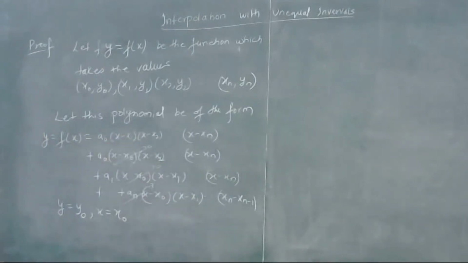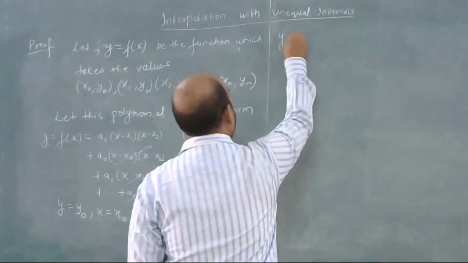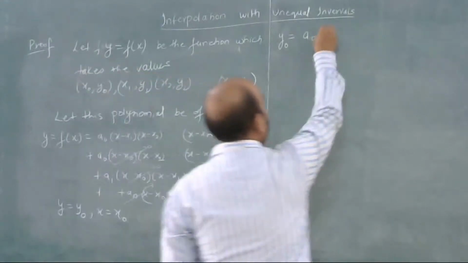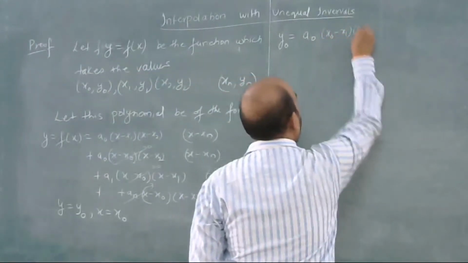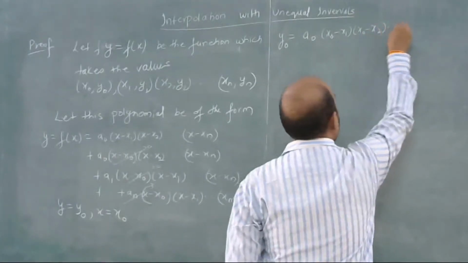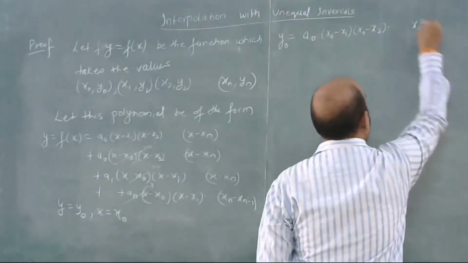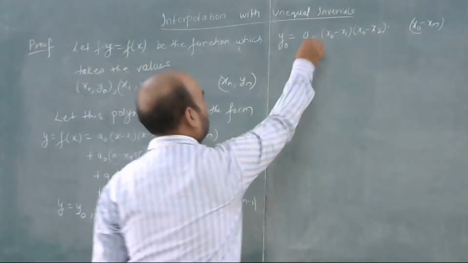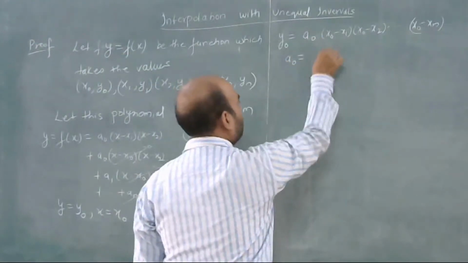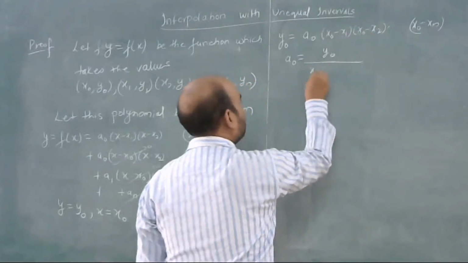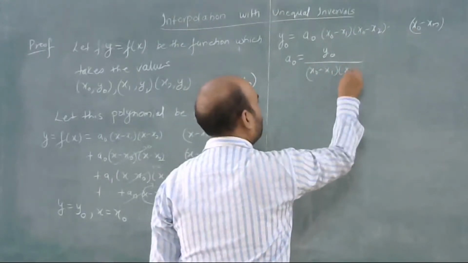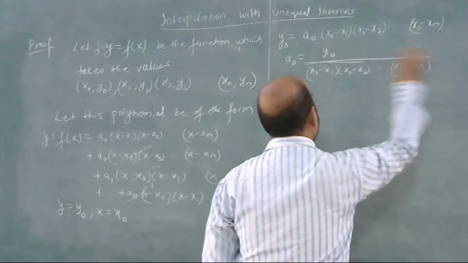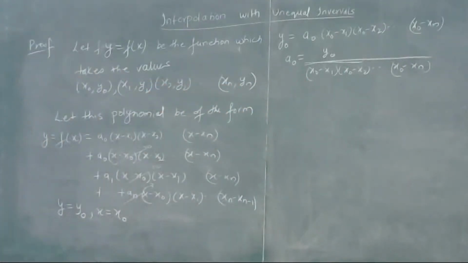Okay, so we have only this, so y0 will be equal to a0 times (x0 minus x1)(x0 minus x2) and so on to (x0 minus xn). Okay, so this is the value of y0, and from here you can find the value of a0. So a0 will be equal to y0 divided by this: (x0 minus x1)(x0 minus x2) and so on to (x0 minus xn). So this is the value of a0.